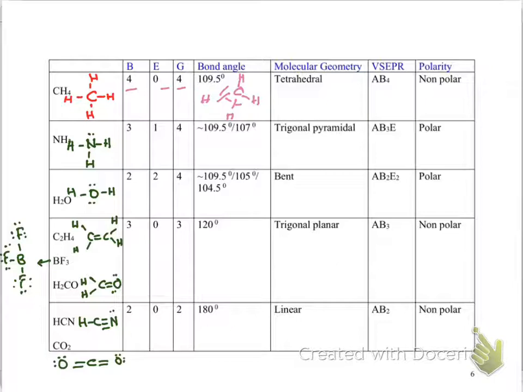This is NH3, and this was the Lewis structure of NH3. Here, how many atoms are bonded to the central atom? We are not counting the number of bonds, we are counting the number of atoms. So there are 3 hydrogens bonded to the central atom. Then E stands for the number of lone pairs, and we are looking at the lone pairs on the central atom, which is 1.